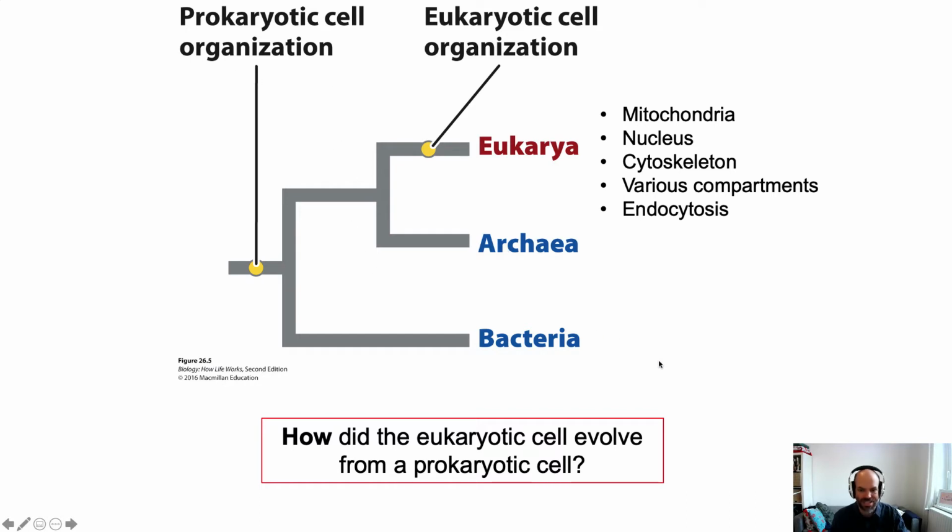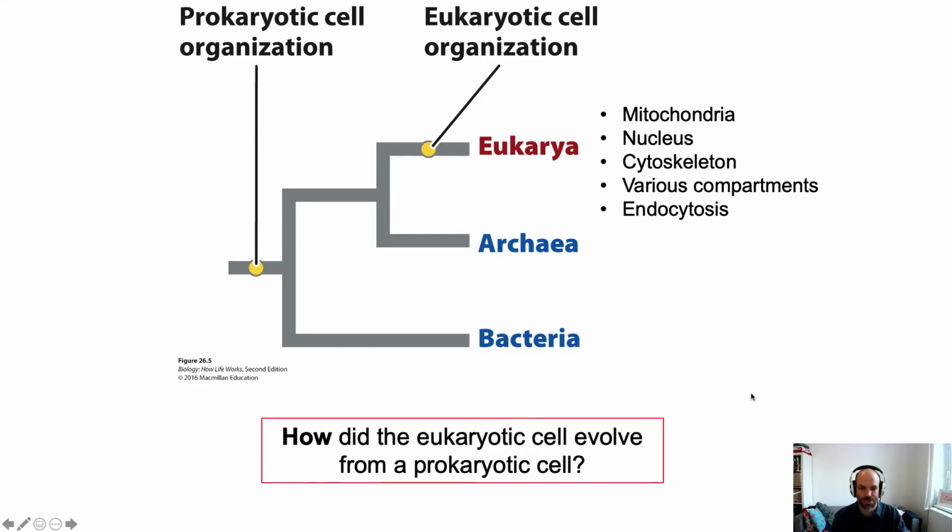The disadvantage is that it's not monophyletic because it includes both archaea and bacteria, and that is not a monophyletic group because the archaea and eukarya, we think, have a more recent common ancestor than either does with bacteria. But it is useful to talk about these big cell biology differences, and mostly the unique properties of the eukaryotic cell. And we do think that the eukaryotes came later. The eukaryotes were almost certainly not the first types of cells on Earth. There were other kinds of cells, and then the eukaryotes came later.